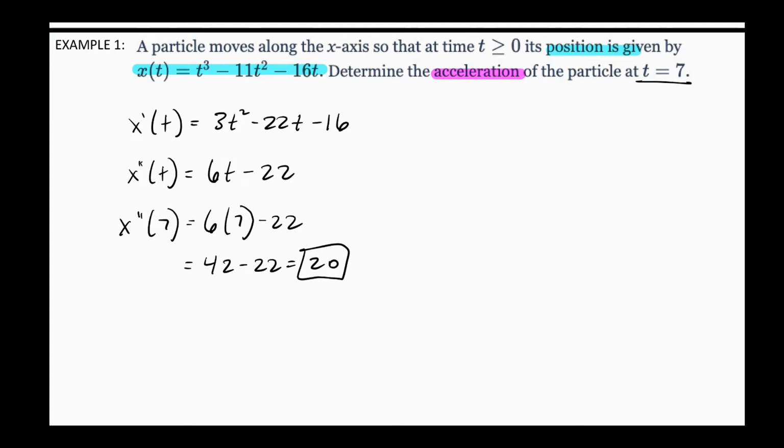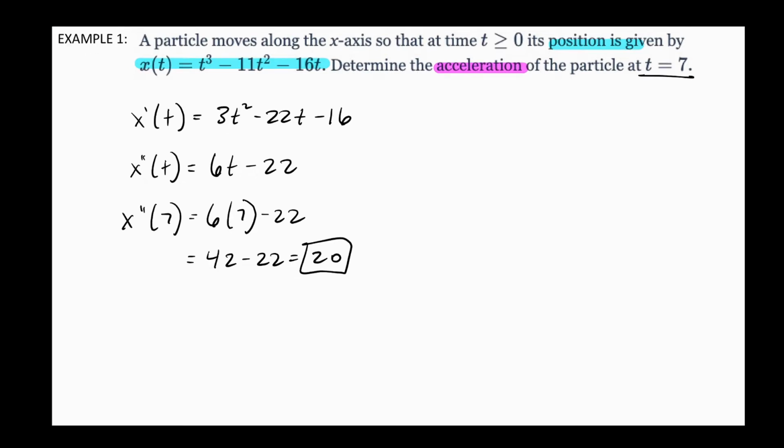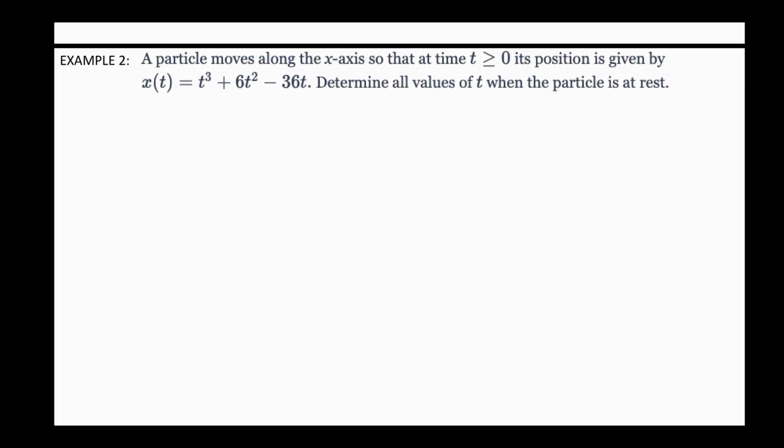There are no units. They don't give me units here, so just 20. It's not 20 hours, 20 days, 20 miles per hour, 20 whatever. If they did, we would label, but this one they didn't. So that means at time 7, you're accelerating by 20 whatever units it is. Okay, alrighty.